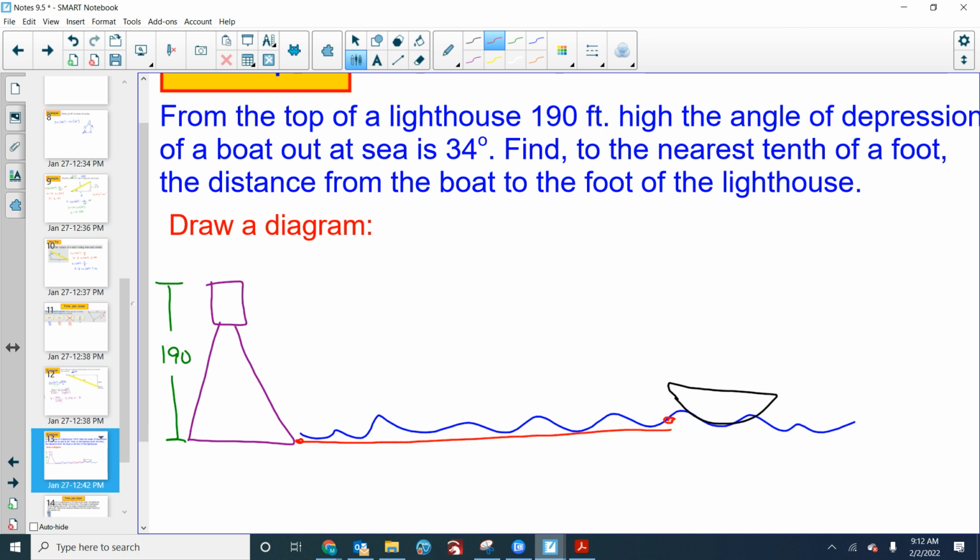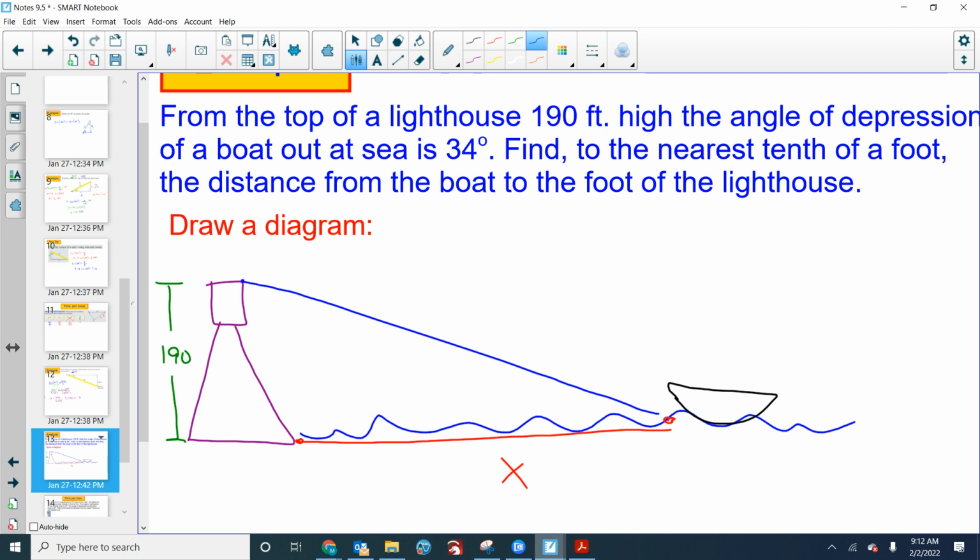Isn't this X? Now, here's the deal. I want to warn you right now. Be careful where you draw the angle of depression. What did I say yesterday? It's always from the lighthouse to the boat. This is the line of sight we're talking about, yes? Where is the 34-degree angle?